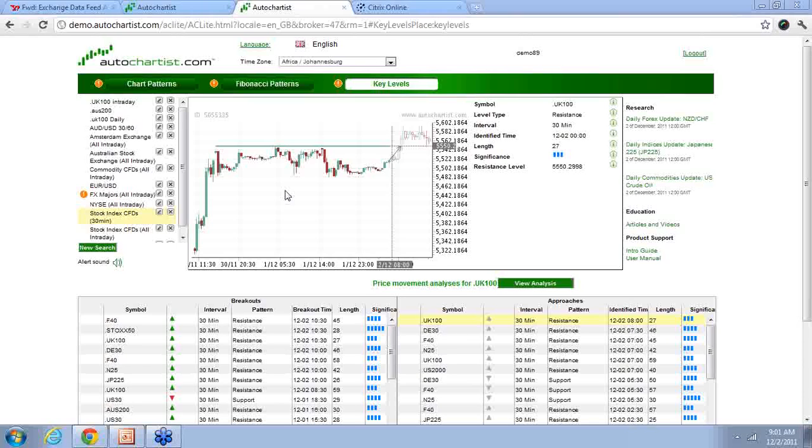So try to get a diagonal combined with a horizontal, and you've got pretty much the dynamite setups there. It's either going to tell you it's an area of interest, it's either going to break out or it's going to go the other way. But the order flow kind of gives you a hint.